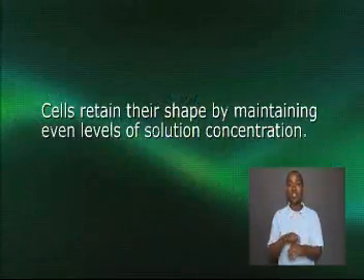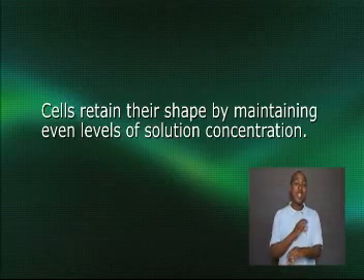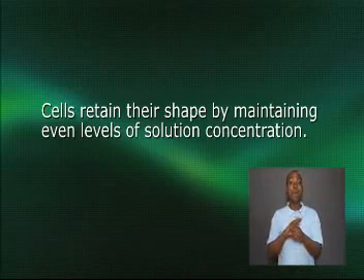Cells are able to keep from bursting or shrinking by maintaining even levels of solution concentration. When equal amounts of water are able to enter and leave the cell through the selectively permeable membrane, the cell can maintain its shape. This is called equilibrium.